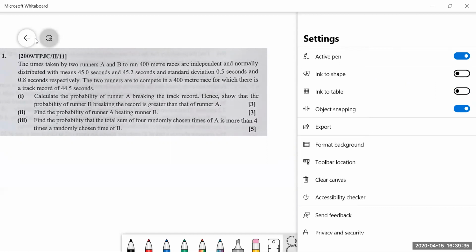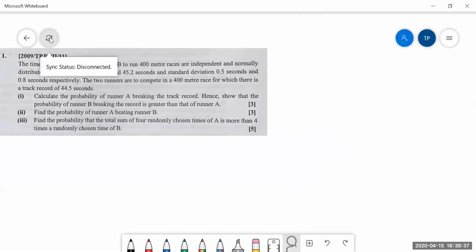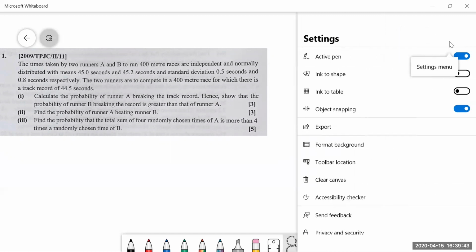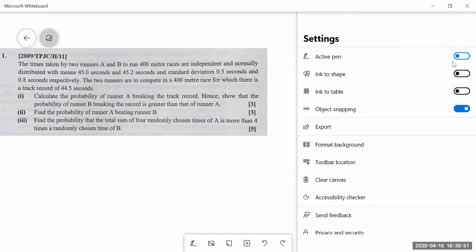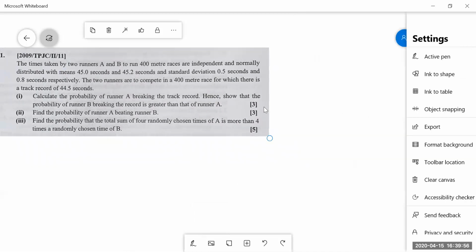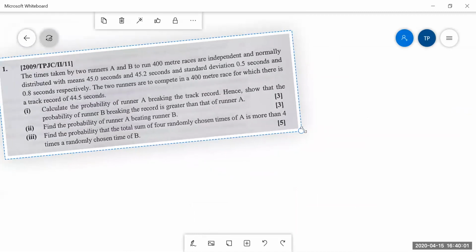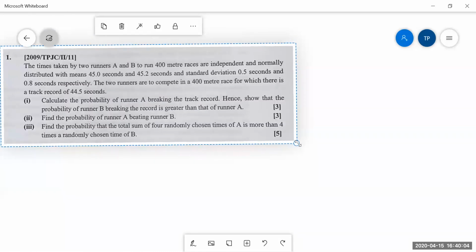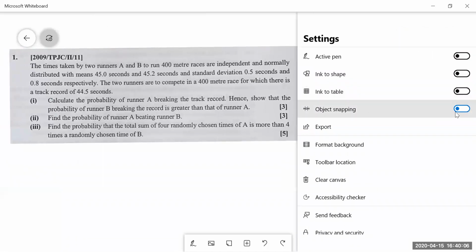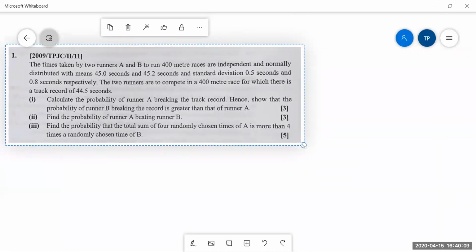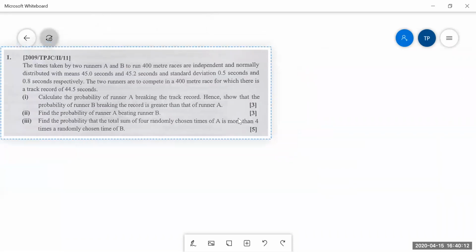I don't want all these buttons here. It's always there. How do I remove it? Toolbar location, I don't know. Active pen. Oh, I can take away the bottom part already. Object snapping is quite good actually. Okay, never mind.